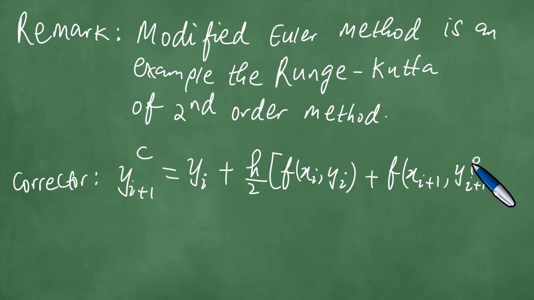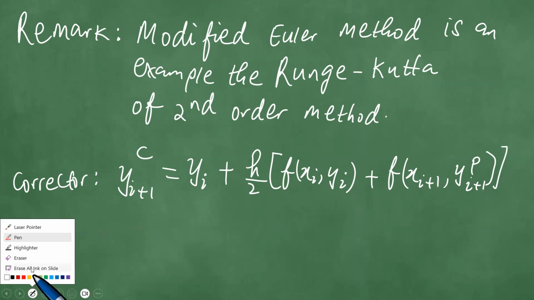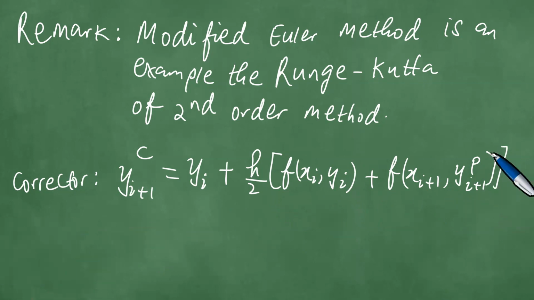This is exactly the same as what you wrote for the modified Euler using the w's, but today we're using y's, and this is a more compact version. Right, so the corrector is like this.